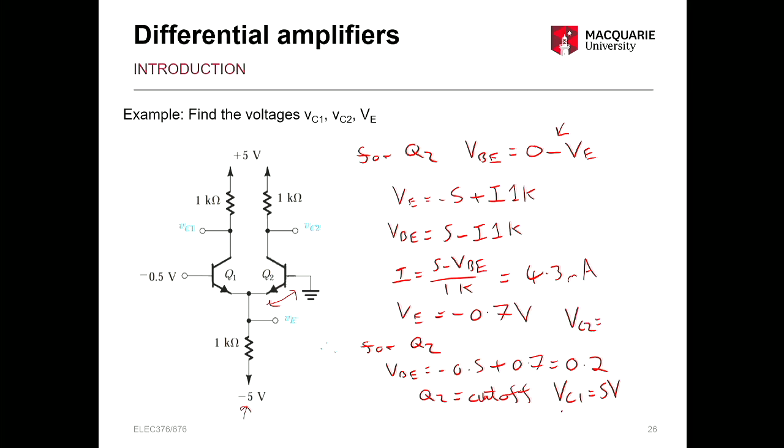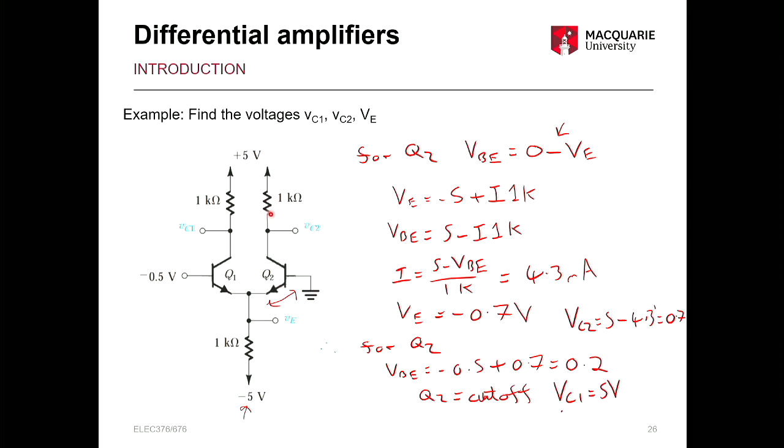VC2 is going to equal 5 minus, because we have all of the current going through this side, so in this case, 4.3, 0.7. That's because we have all that current going through our 1K resistor here. So that drops our voltage of VC2.